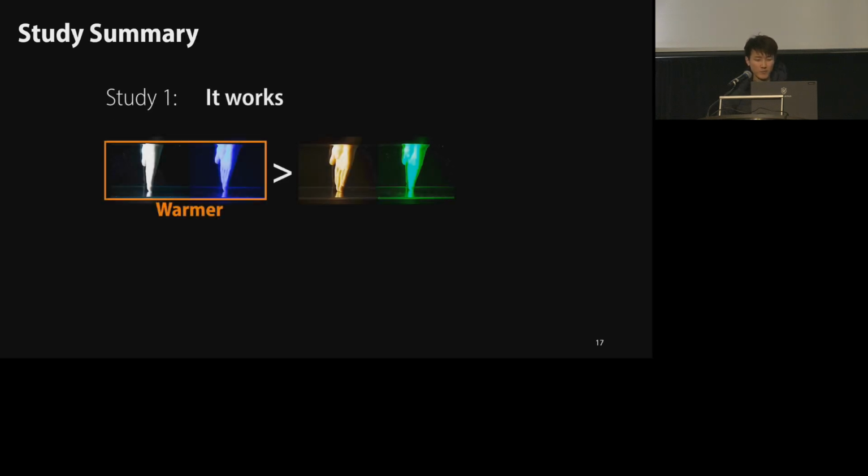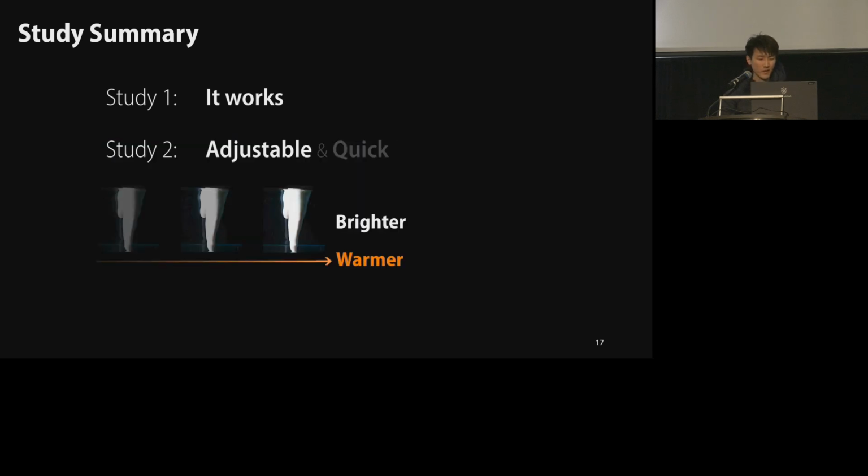So in study 1, I showed it actually works. People feel warmth in cold water, and the blue and white lights work better than the others. I will skip two studies here. The first one is kind of intuitive: if it's brighter, it's warmer.